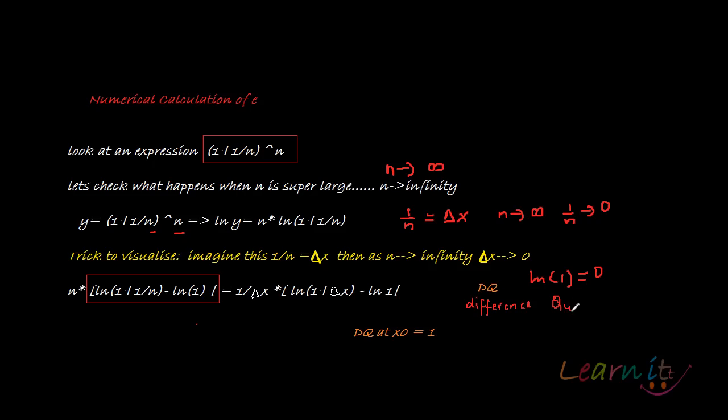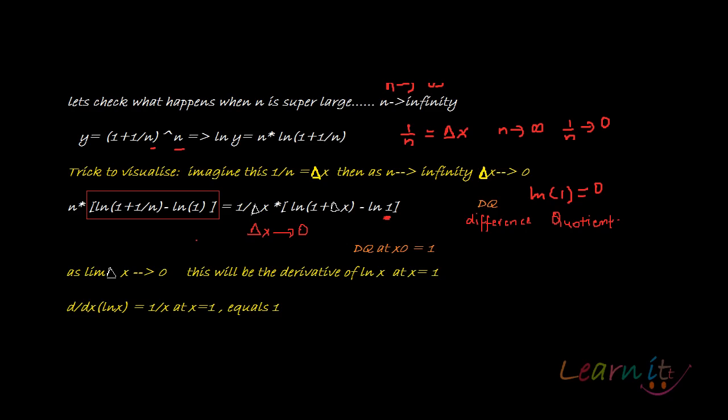Difference quotient while looking into a derivative, and as I tend this delta x, the change in x, to 0, what does this difference quotient turn into? This difference quotient will turn into the derivative at point x naught, which equals 1 here.